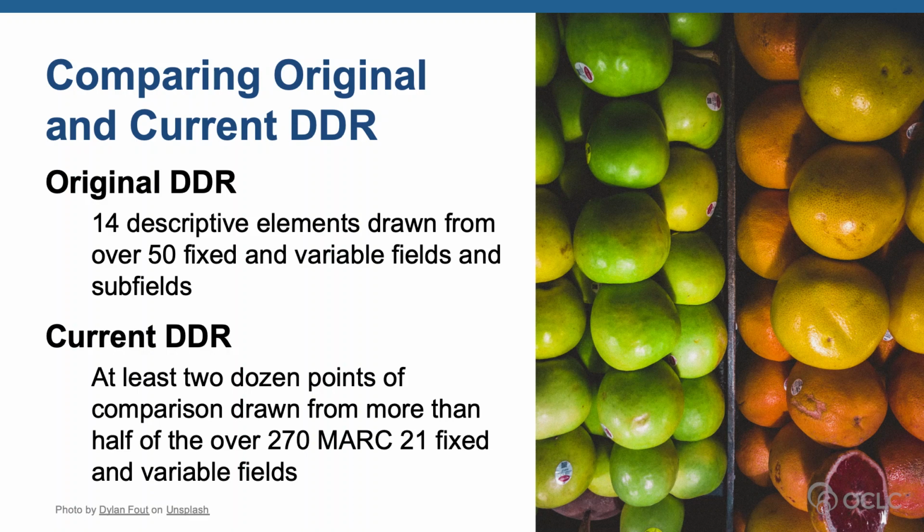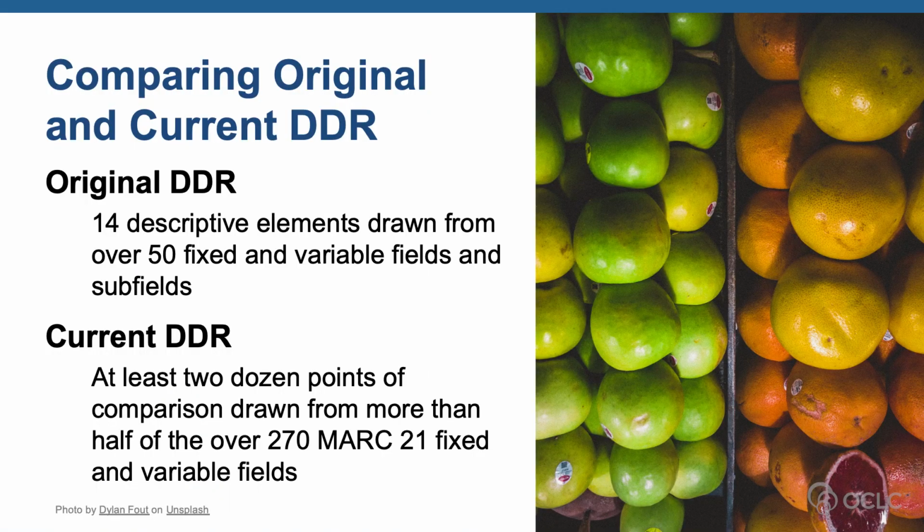As mentioned earlier, the original DDR compared about 14 descriptive elements drawn from over 50 fixed and variable fields and subfields. The current DDR, now roughly a decade old, is much more sophisticated. Although this is an oversimplification of a complex process, there are now at least 24 different points of comparison taken into consideration.